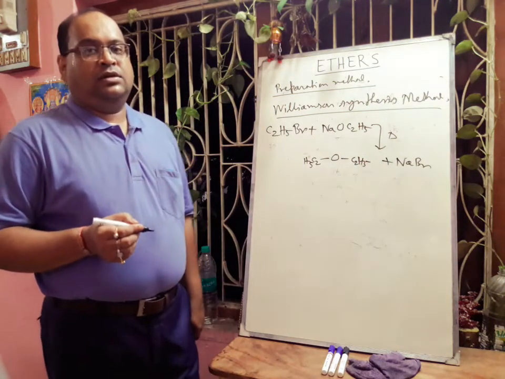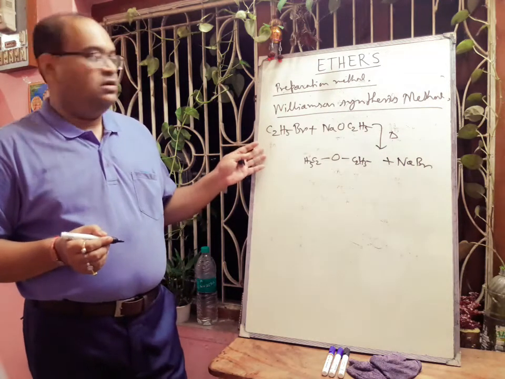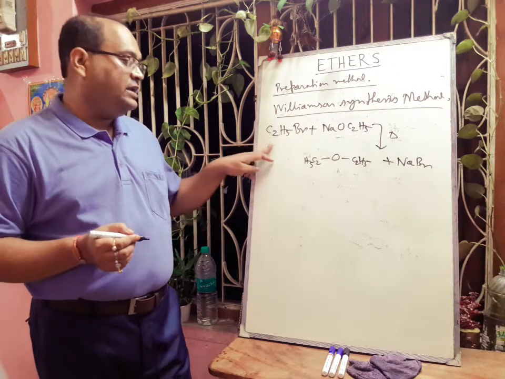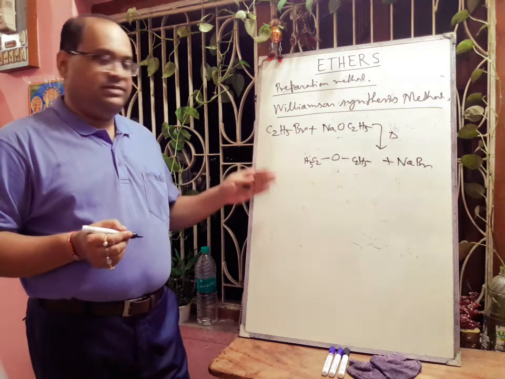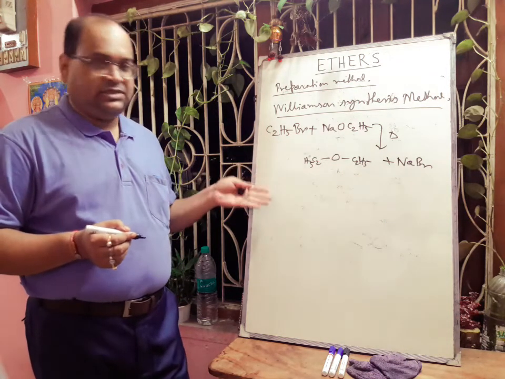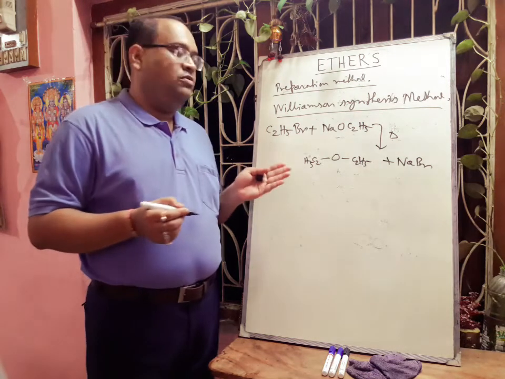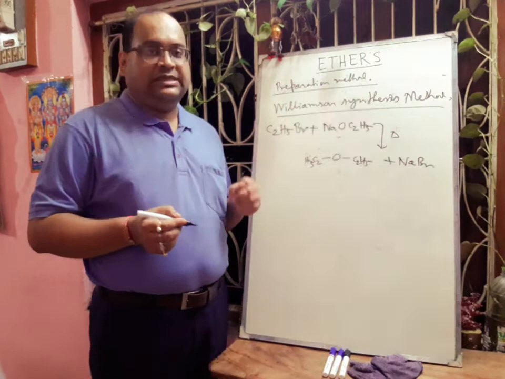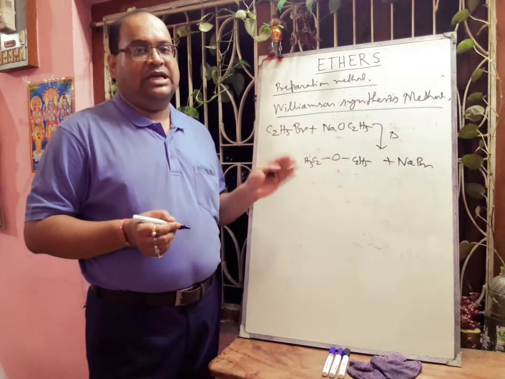Now this is a very good method by which we can prepare both symmetrical ether as well as unsymmetrical ether. But in the previous method, the acidic dehydration method, we can only prepare the symmetrical ether. But here we can prepare both symmetrical as well as unsymmetrical.